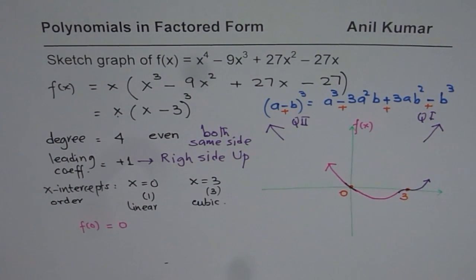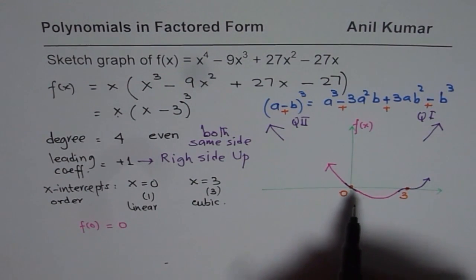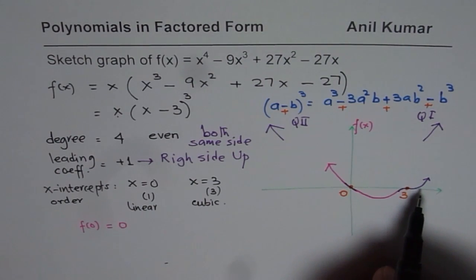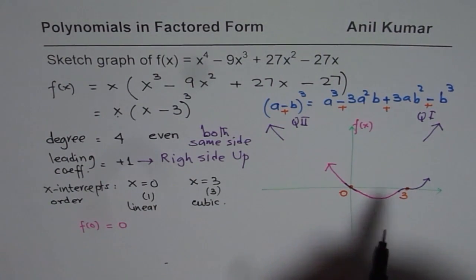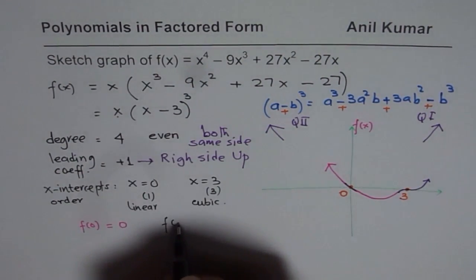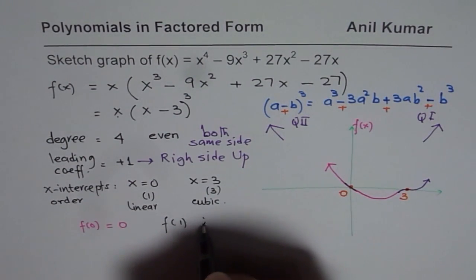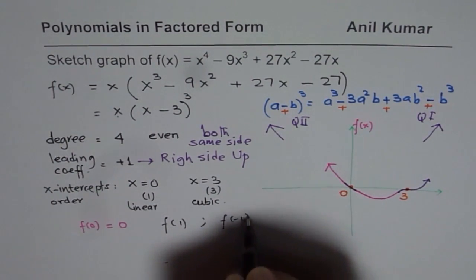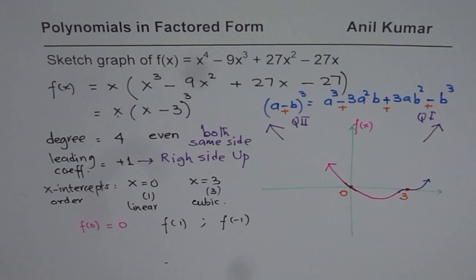Anyway, this graph gives you 90% of the things. One or two more points here and there will actually help to accurately sketch the graph on your graph paper. So I'll recommend find the value of the function at, let us say 1, and at minus 1, and then you'll have kind of scale on the y-axis also to show an accurate graph.